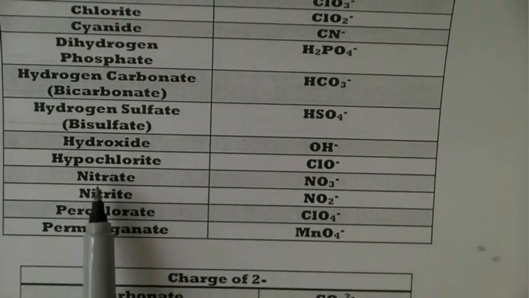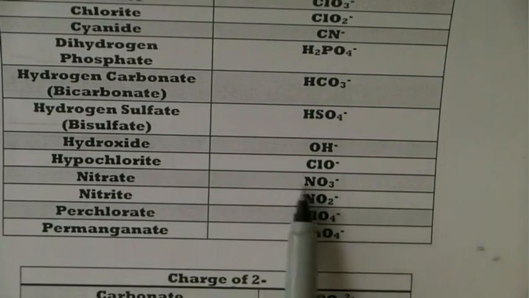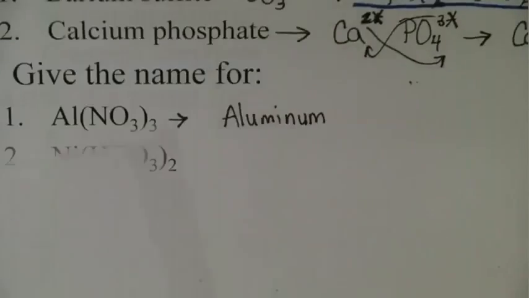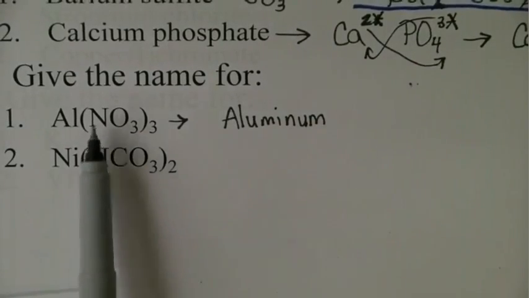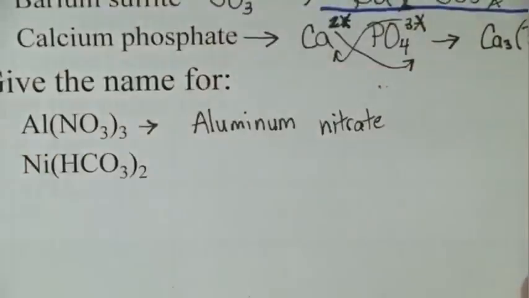If you want to go into the medical field, it's something I strongly recommend. NO3, right here, with a -1 charge, is nitrate. So the NO3 is really what we care about. We know the charge isn't going to be written in this compound because it was already crossed over. NO3 is nitrate. So this is simply aluminum nitrate. Done.